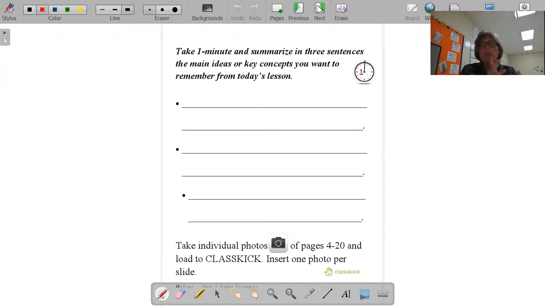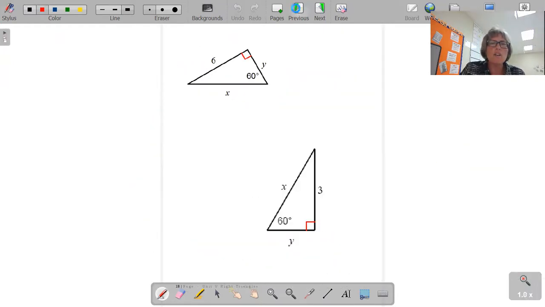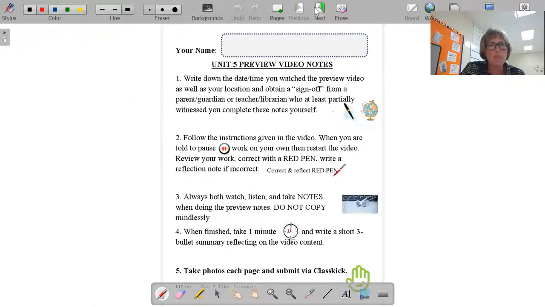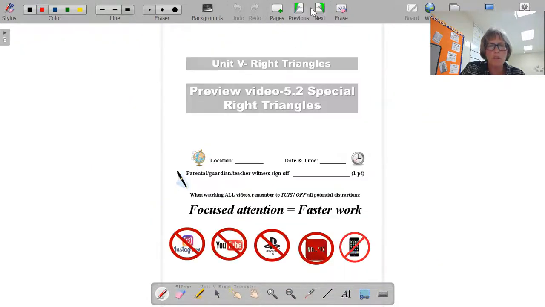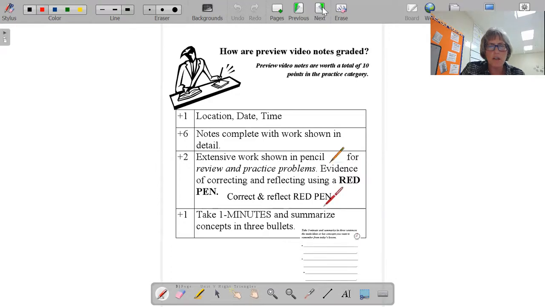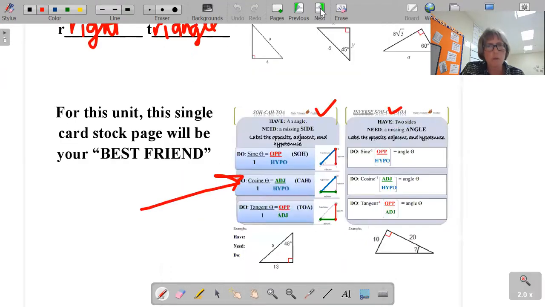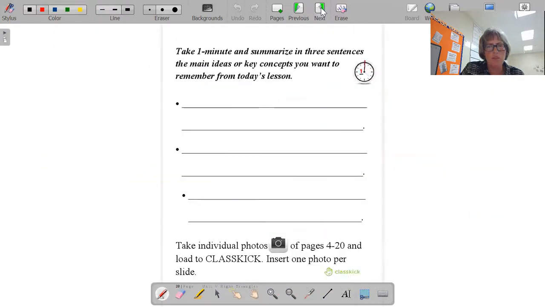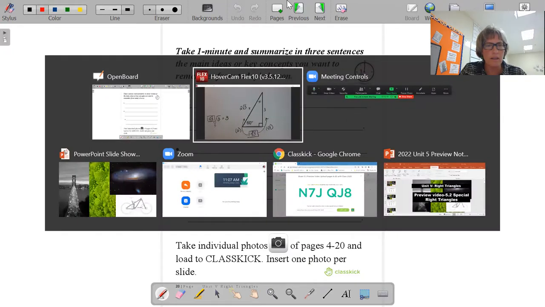Then, to streamline my grading, you're going to go back and take photos of every single page, just real quick with your iPad, starting with page 4, which is right here. Take a photo of each page, and you're going to be loading it to ClassKick. Individual pages. Let me show you what that looks like.